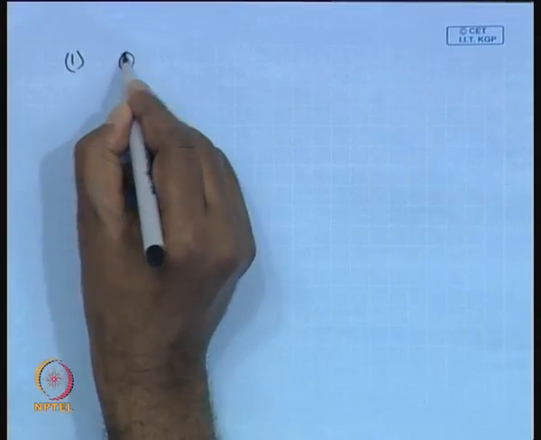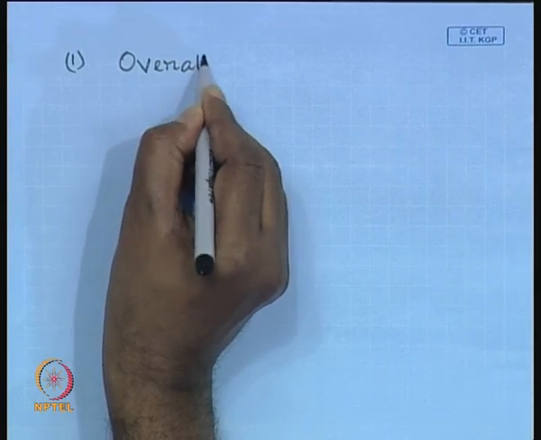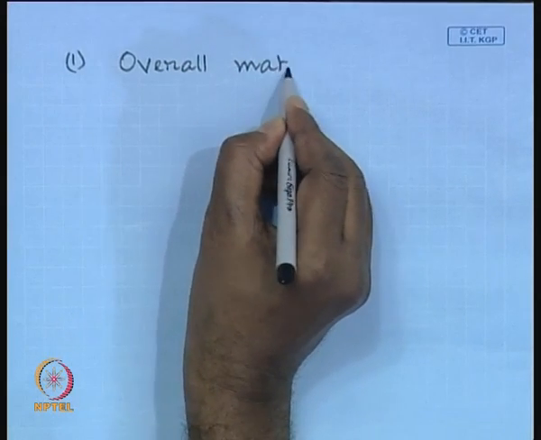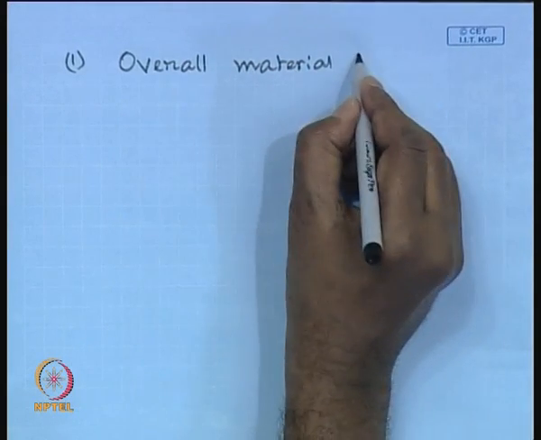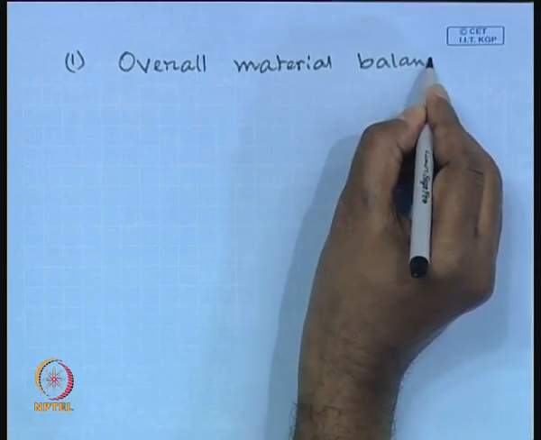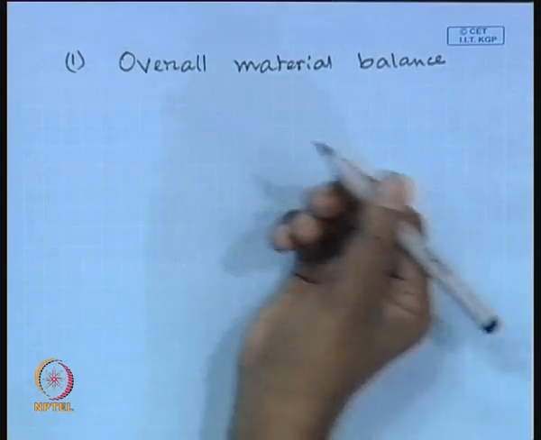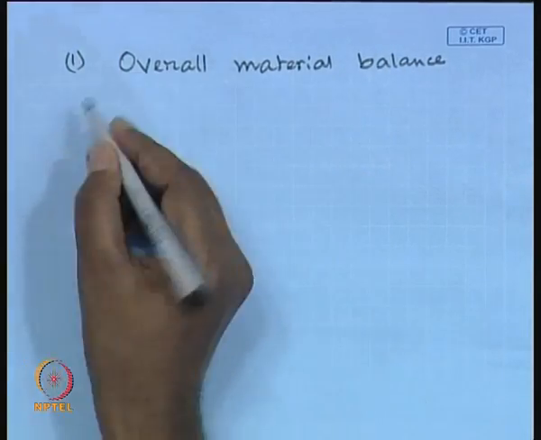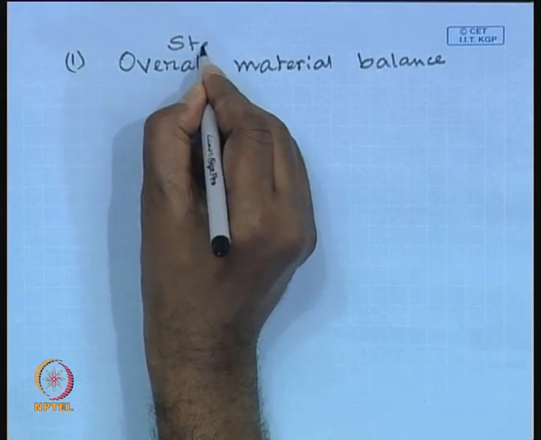Number 1 is overall material balance. Okay. In this overall material balance, we assume that it is a steady state process.